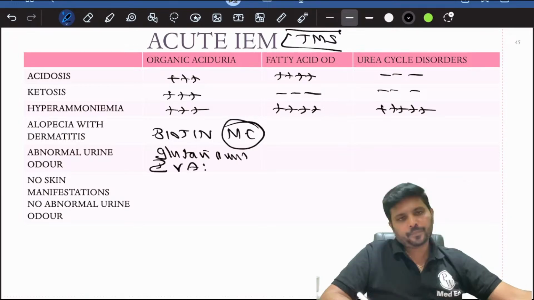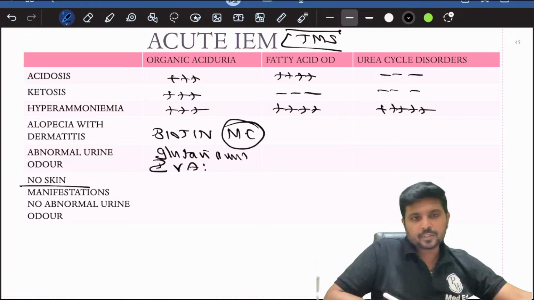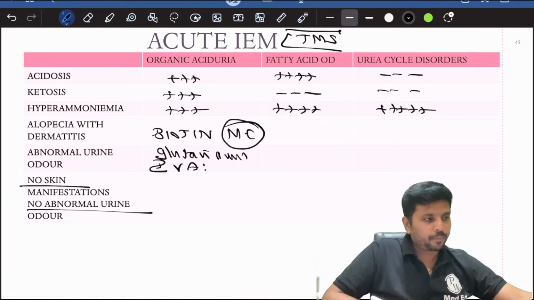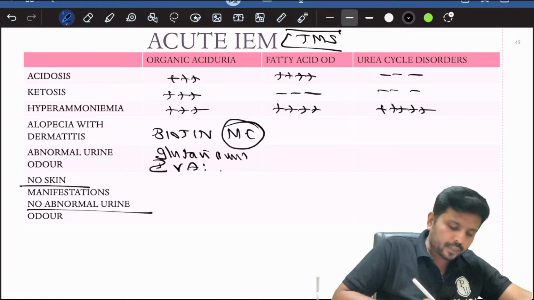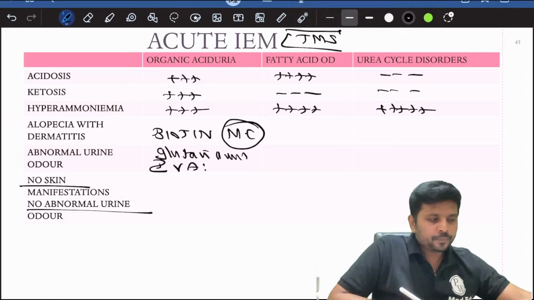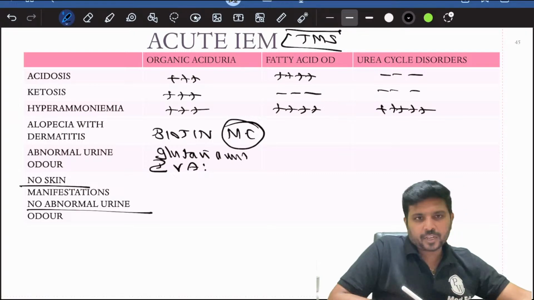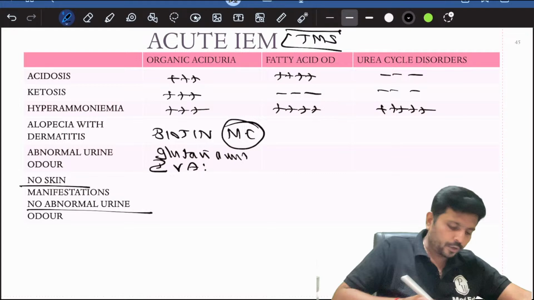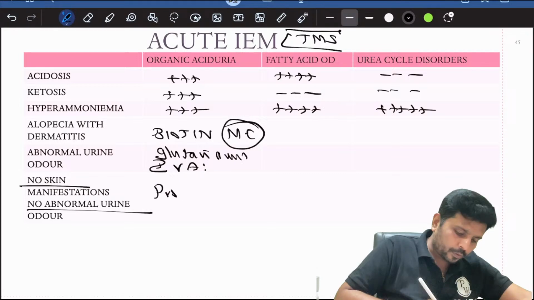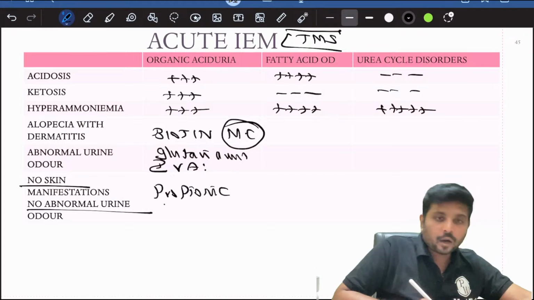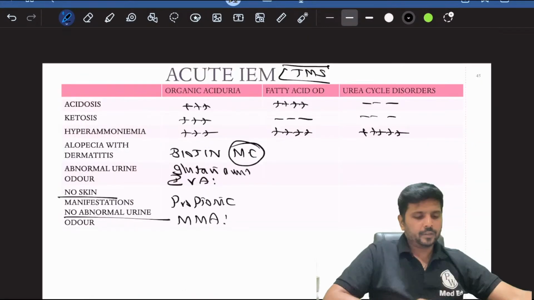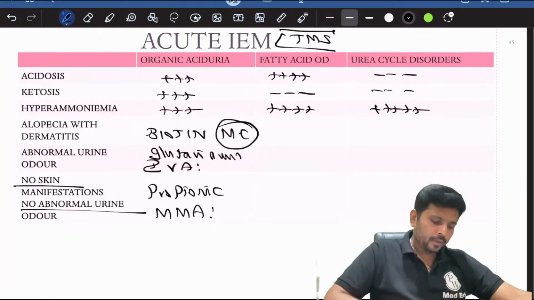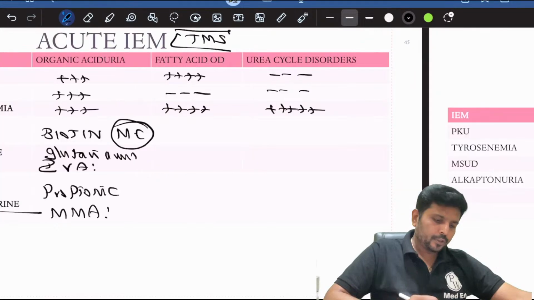With no skin manifestation and no abnormal urine odor, it can be propionic acidemia or methylmalonic acidemia.